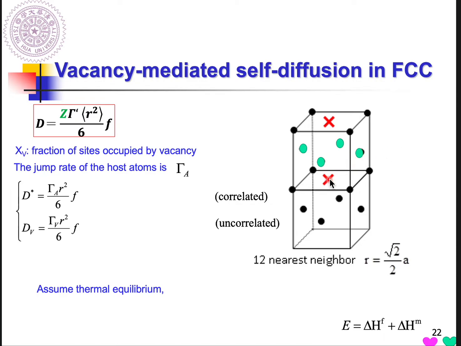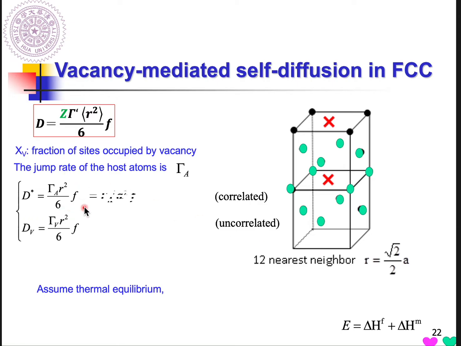How to get the 12: if you focus on this vacancy, the nearest atoms at substitutional sites number 1, 2, 3, 4, 5, 6, 7, 8, 9, 10, 11, 12. So it's 12. And the distance to the nearest atoms at substitutional sites will be expressed like this. So this is R.